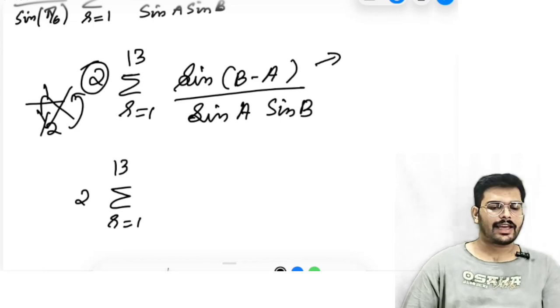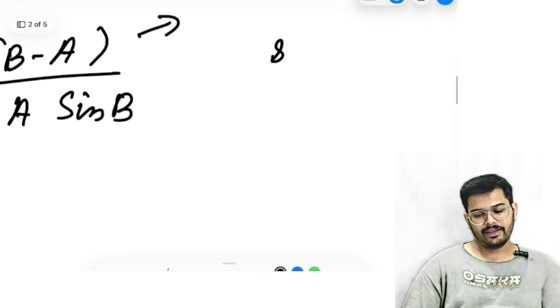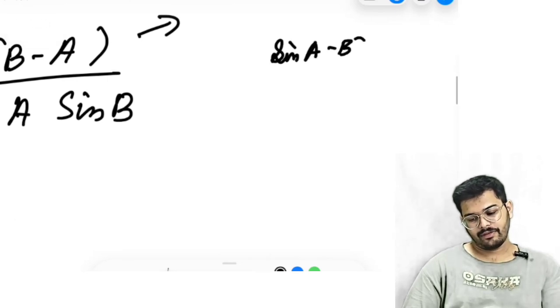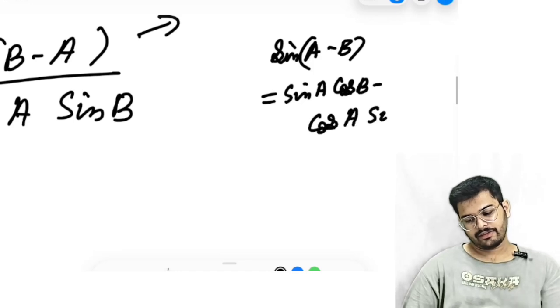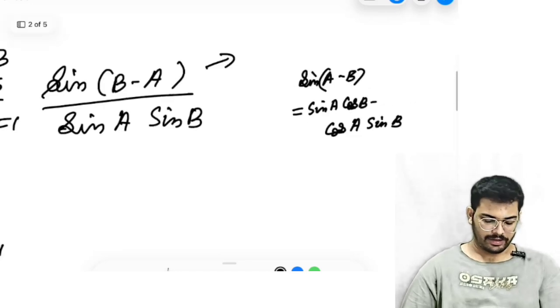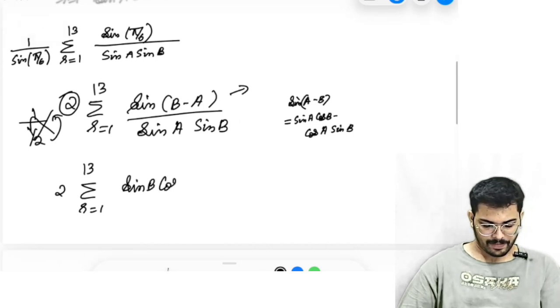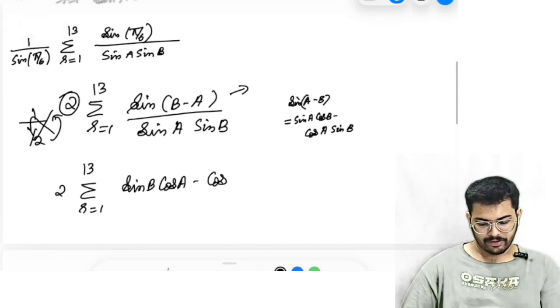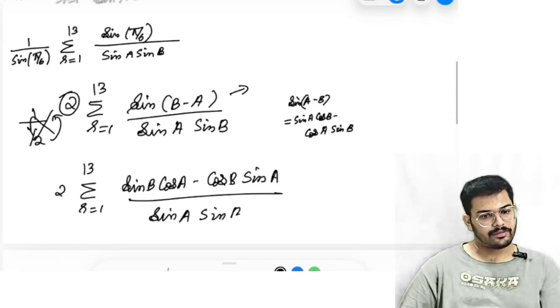I will be expanding with the sine (a minus b) identity. Sine (a minus b) equals sine a cos b minus cos a sine b. So here it will become sine b cos a minus cos b sine a, the whole divided by sine a sine b.